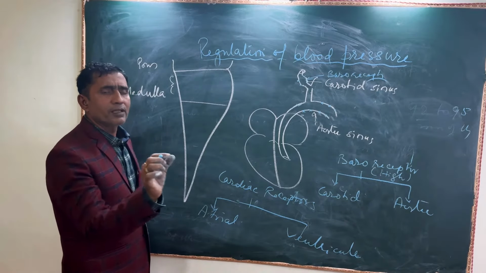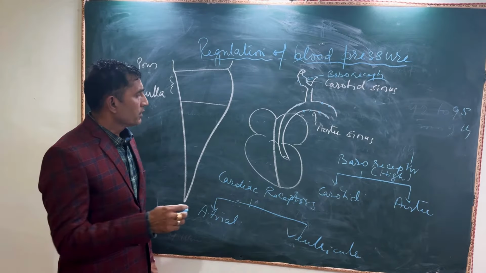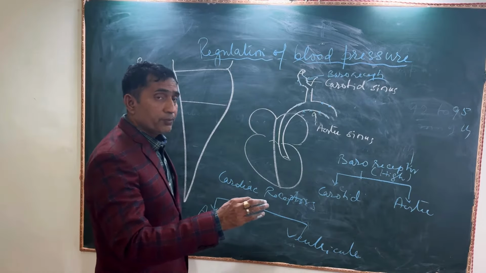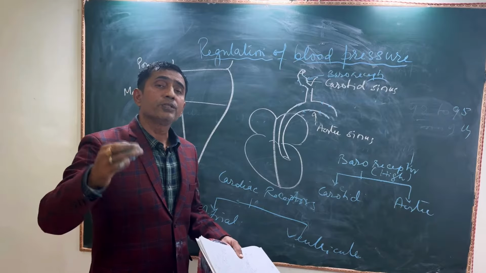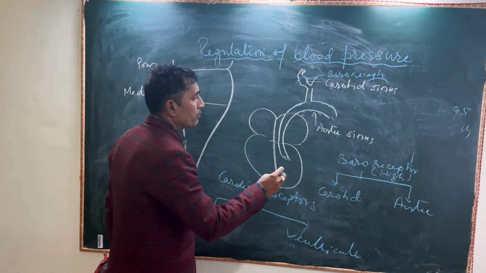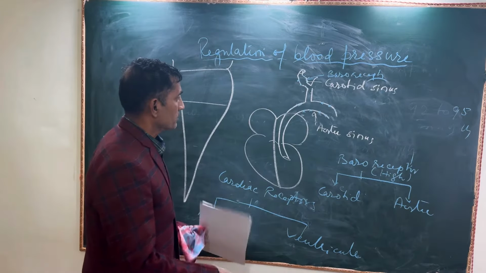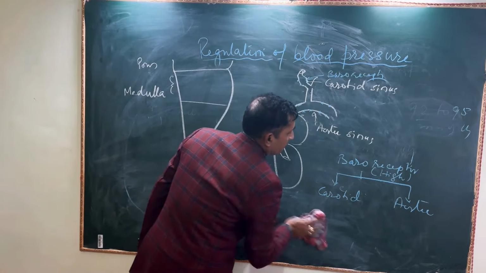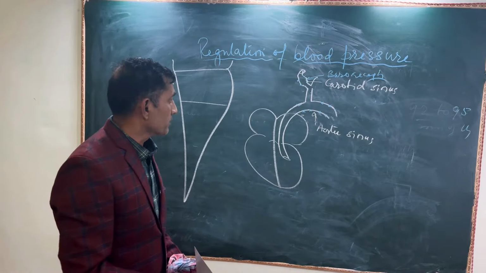Means if there is a little change in pressure, say 5 to 7 millimeter changes, then there is an involvement of cardiac receptors. But if there is a big alteration in pressure, say 20, 25, 30, or 50 millimeter of mercury, then there is an involvement of high pressure receptors. So this is the classification of different pressure receptors. These are all pressure receptors.